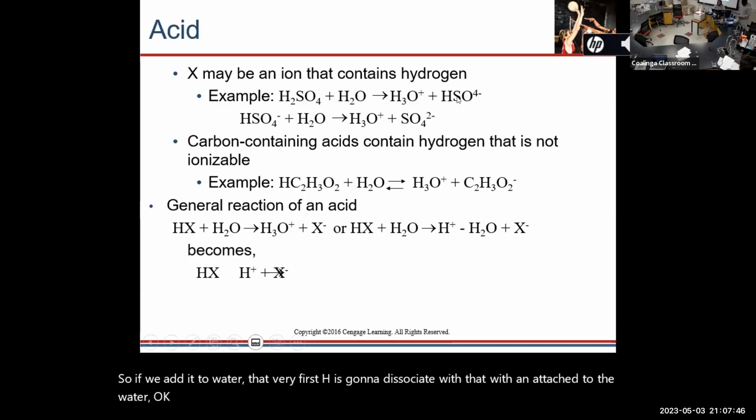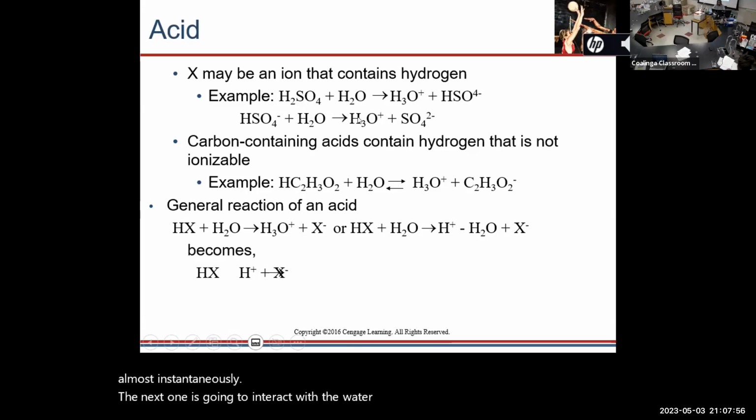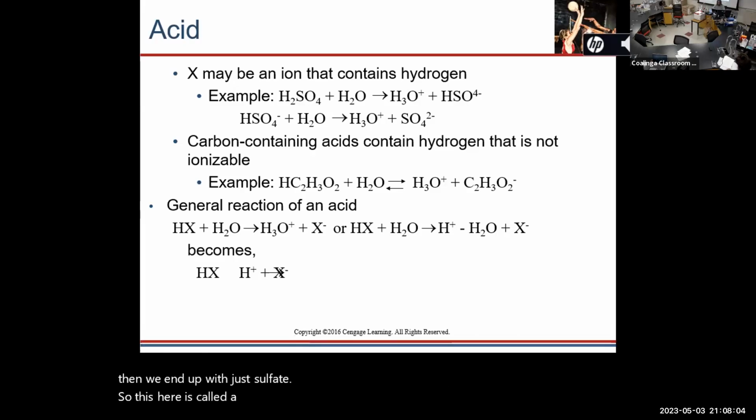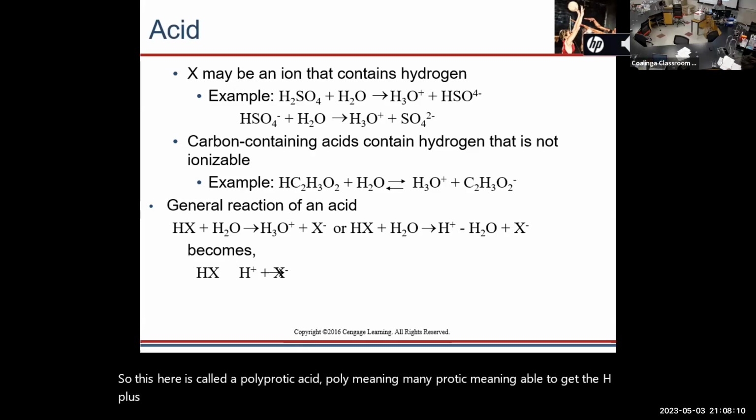The second one is going to stay bound temporarily, but it's going to be happening almost instantaneously. The next one is going to interact with the water, and then it's going to be H3O plus over here, and then we end up with just sulfate. So this here is called a polyprotic acid. Poly meaning many, protic meaning able to give up an H plus, a proton.